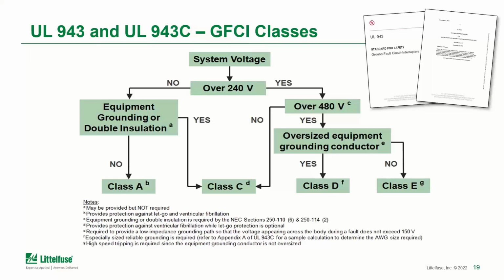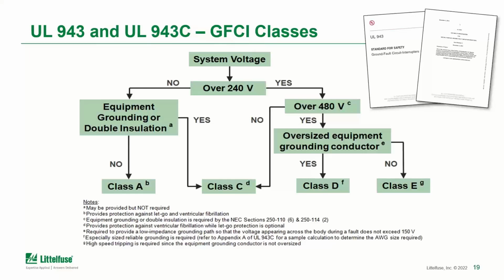Now, one of the main defining factors is the system voltage. For systems that are above 240, and we'll say 480 volts is a good example, that's the standard industrial voltage in a lot of the US, you would move to a Class C special purpose GFCI.